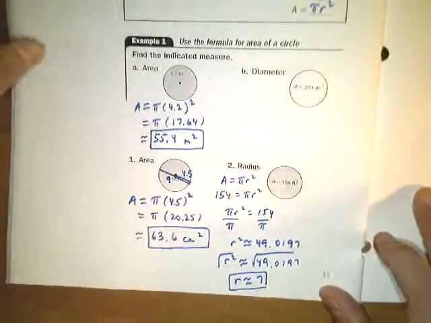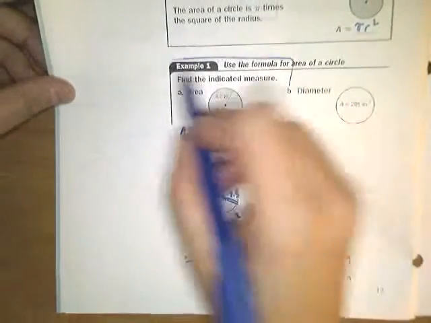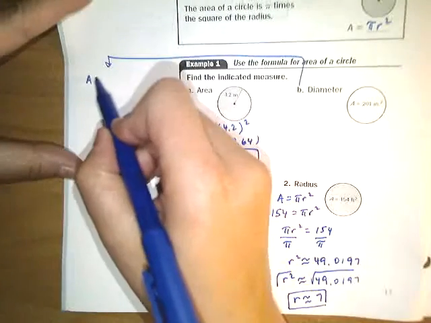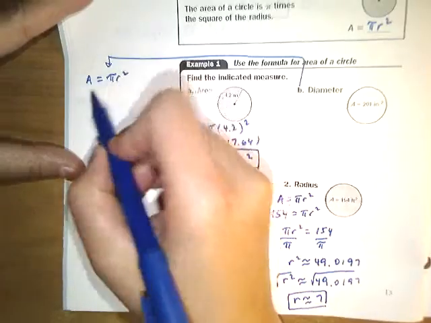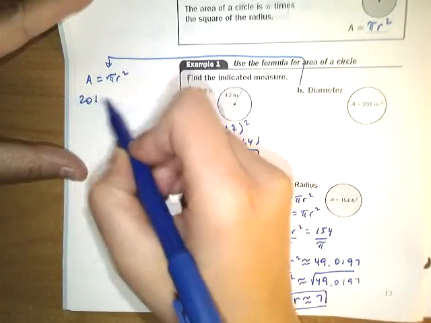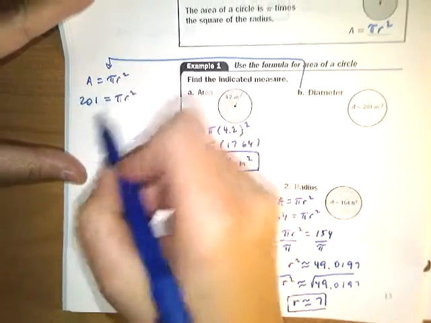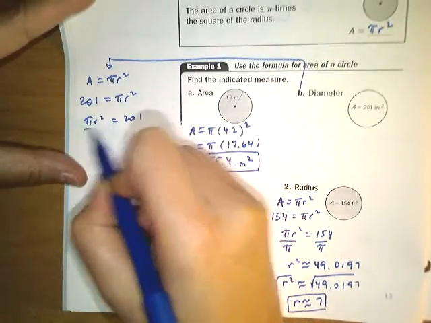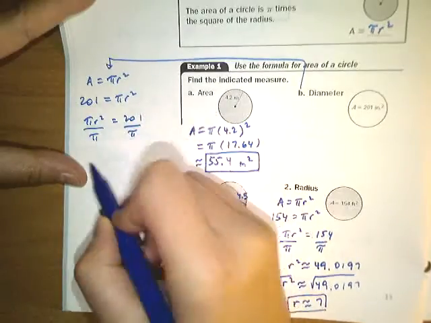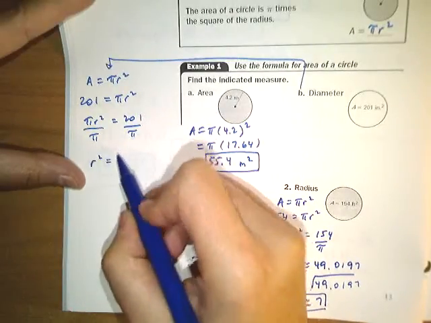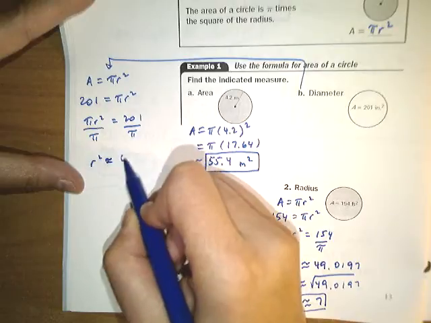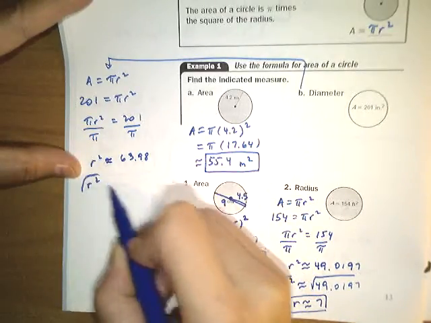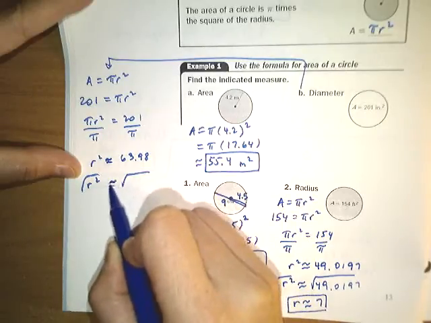So for this one, I'm going to use the space over here. I'm going to use the area formula for circles. The area is 201. And so I have pi r squared equals 201. I'm going to divide both sides by pi. Now r squared is approximately 63.98. To get rid of the square here, I'm going to have to square root on both sides.